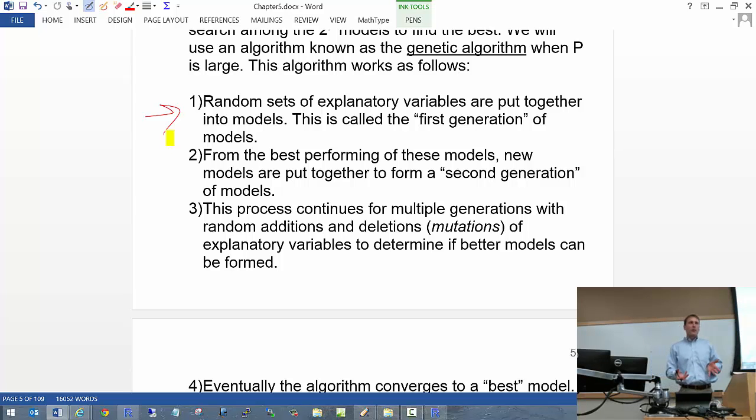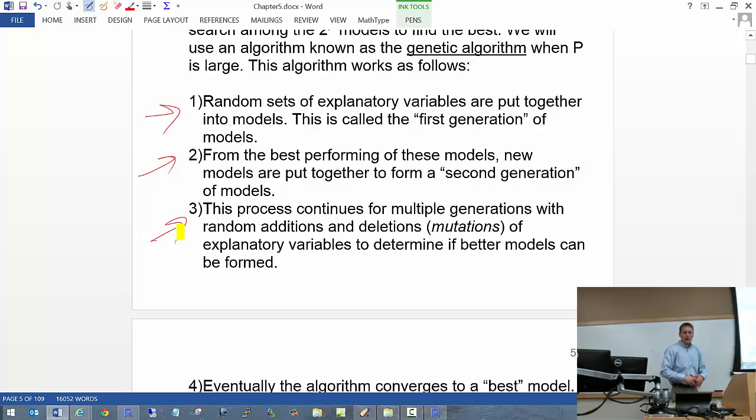From the best performing of these models, meaning the ones with the smallest information criteria values, new models are formed. Maybe the model with x1 and x2 was really good, and also the model with just x3 was very good. Well, for a second generation of models, why don't we put those variables together into one model? Because if these were good by themselves, maybe they'd be good together. So the second generation is formed in that manner.